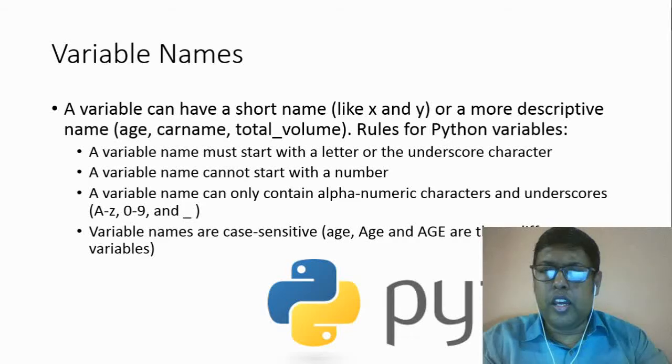A variable name can have only alphanumeric characters and underscore. It means that any special characters like exclamation, at the rate, hash, dollar, you cannot use those symbols to set up a variable. Also, in Python, variable names are case sensitive.